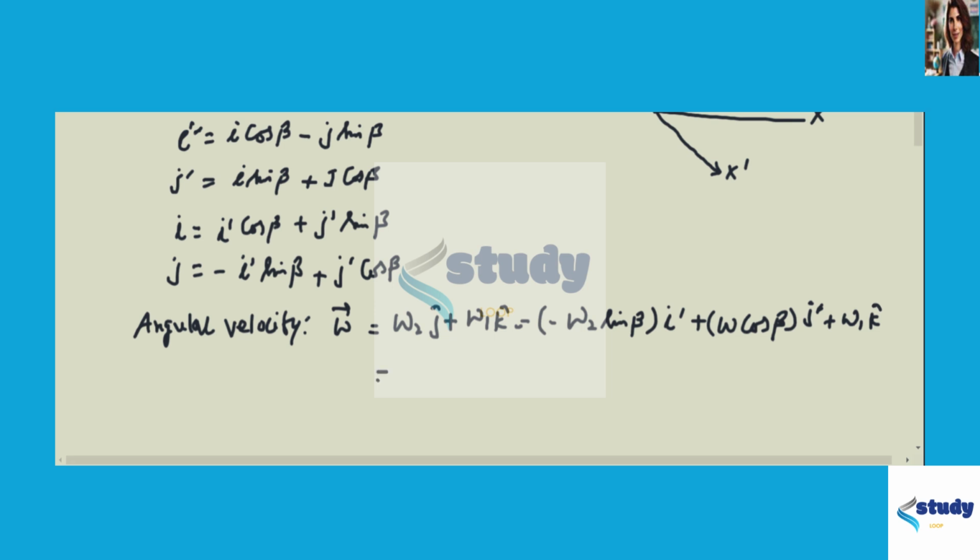So it can be written as minus omega 2 sine of beta, where beta is 90 minus theta, i dash.